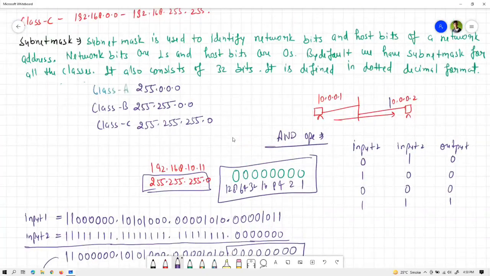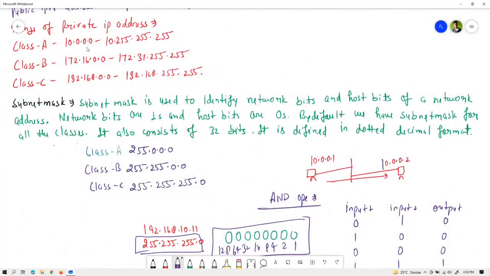If I talk about the default class, let's say I take the network address 10.0.0.0 with its subnet mask 255.0.0.0. How many hosts can I connect in this network? To determine the number of hosts, we use a formula: 2 to the power n minus 2.